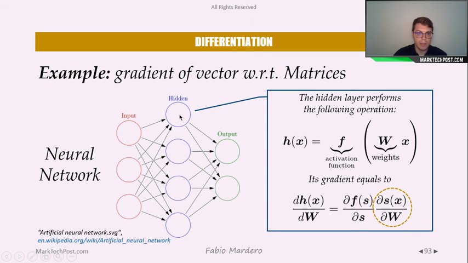In this one, for example, we have 3 inputs, 4 hidden nodes, and 2 outputs. One of these nodes of the hidden layer is receiving 3 inputs and mapping out 2 outputs.